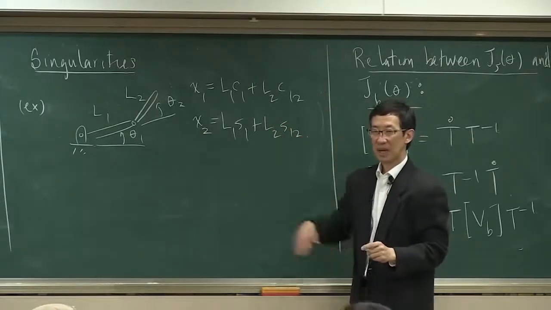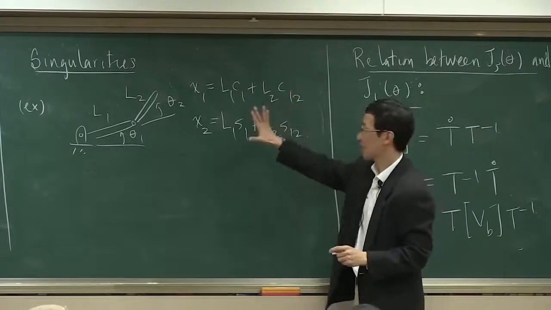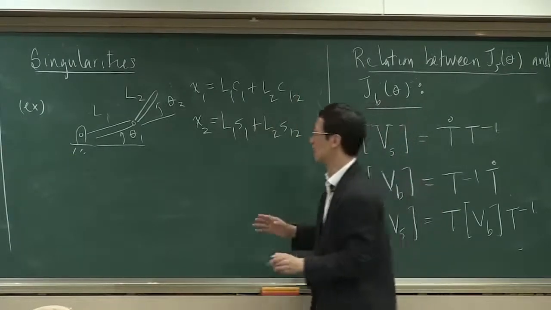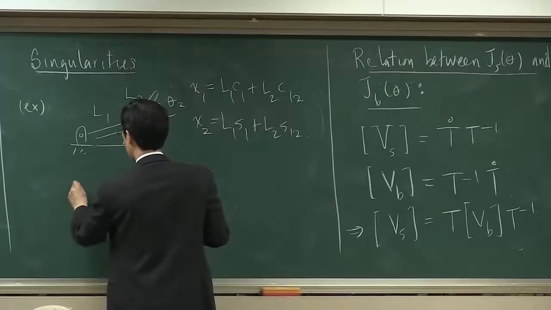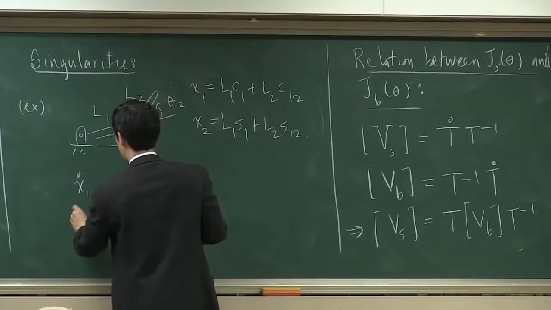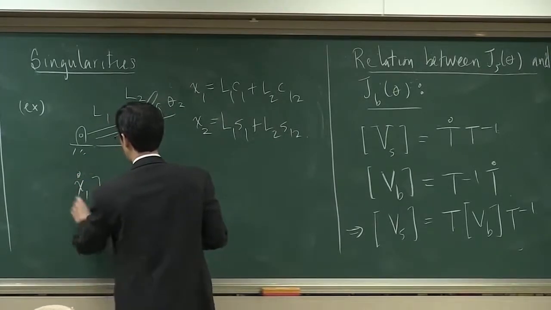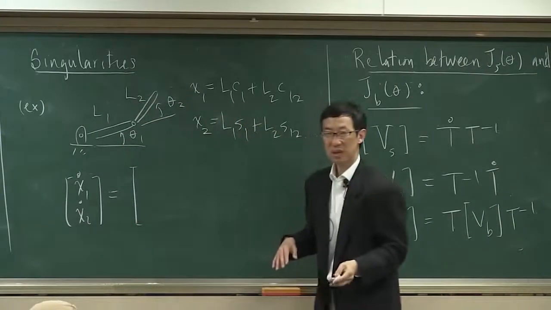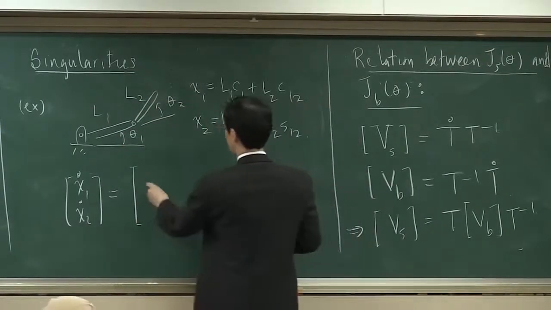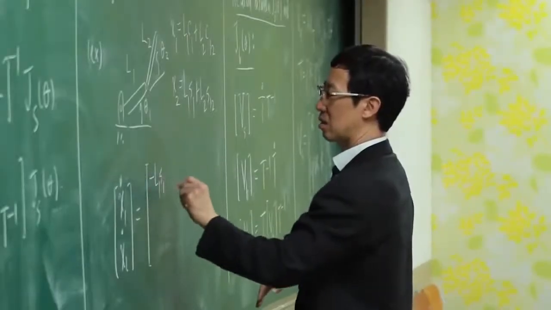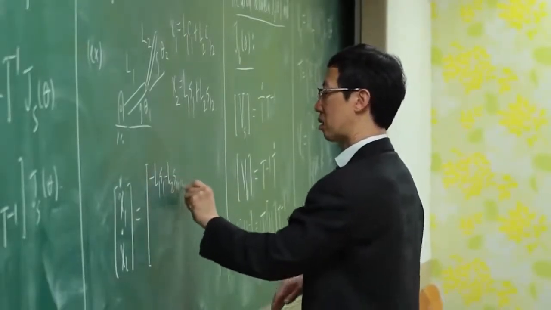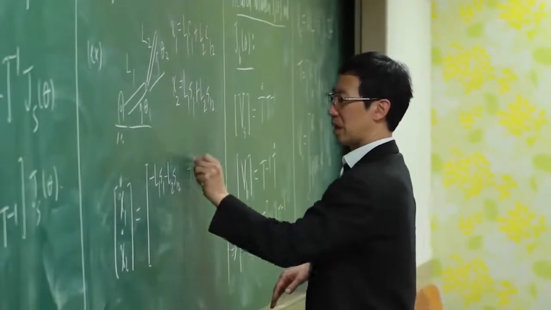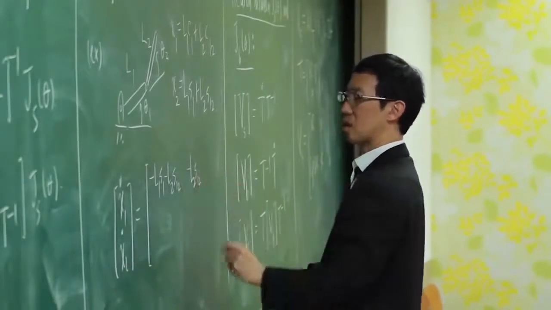Now take the Jacobian. Differentiate both sides with respect to t. We get x1 dot, x2 dot, equal to a 2 by 2 matrix. What is that 2 by 2 matrix? Well, it's minus L1 S1 minus L2 S12, and here it's minus L2 S12.